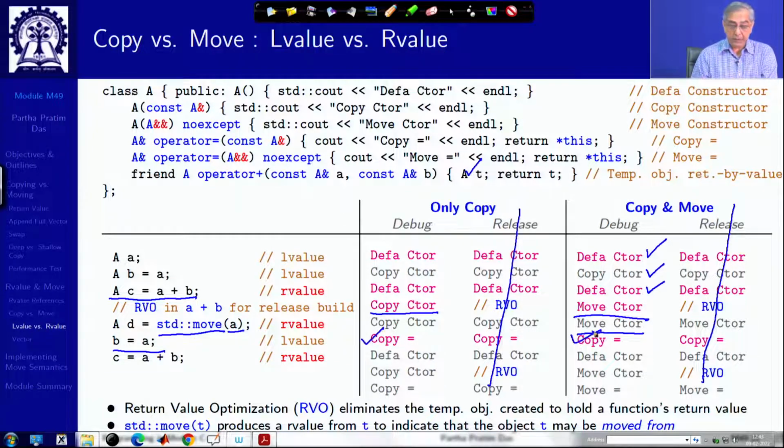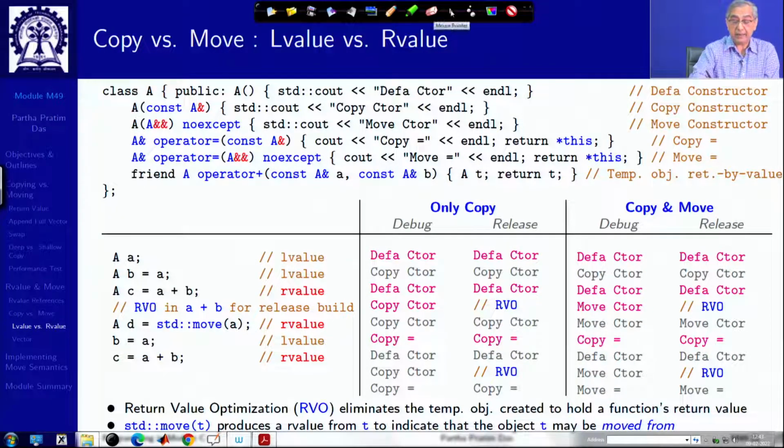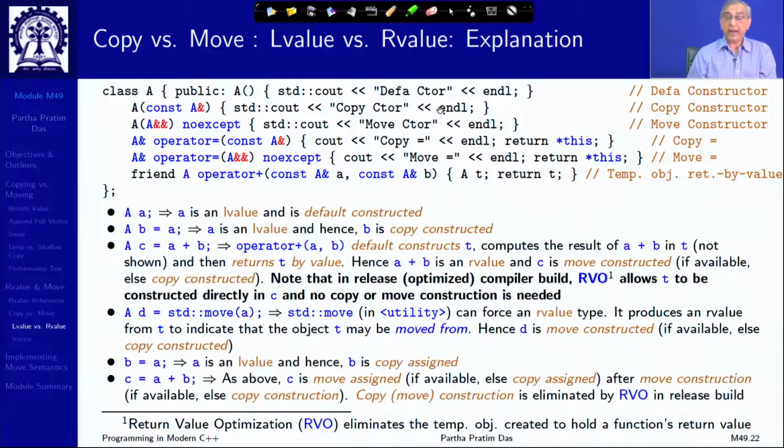So, copy. In this computation I have a default constructor for this, I have a move constructor for the return and then a move assignment operator, right. So, this is how you start to benefit, because you get a lot more move construction and move assignment happening, which are much less expensive than copying.